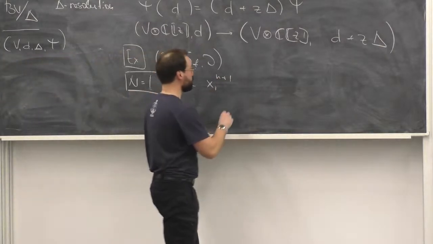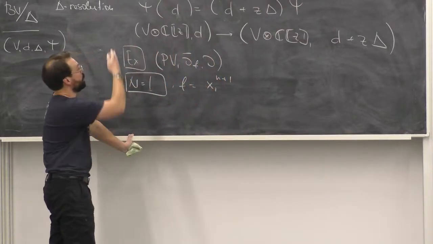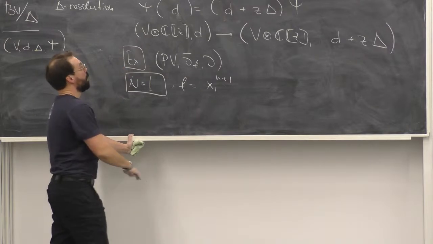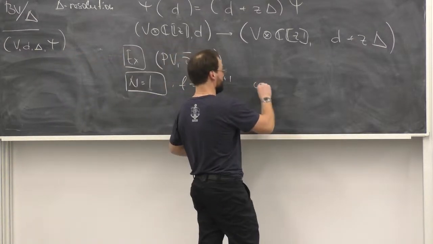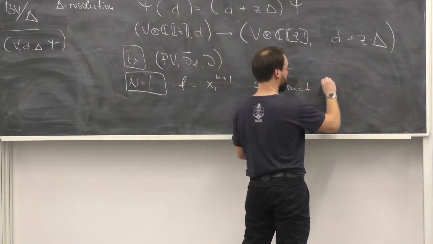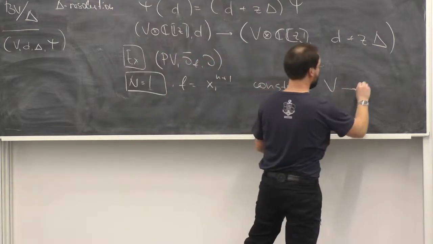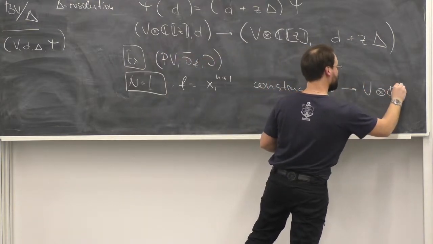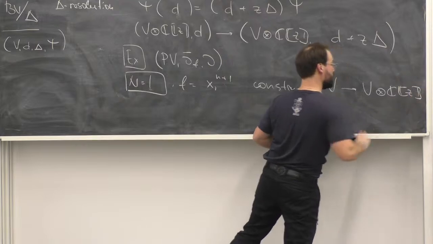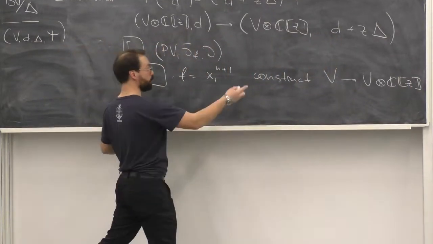Then I want to construct such a map. It should be a linear map, and I will construct it from V in here to V. So what will be my V in here?